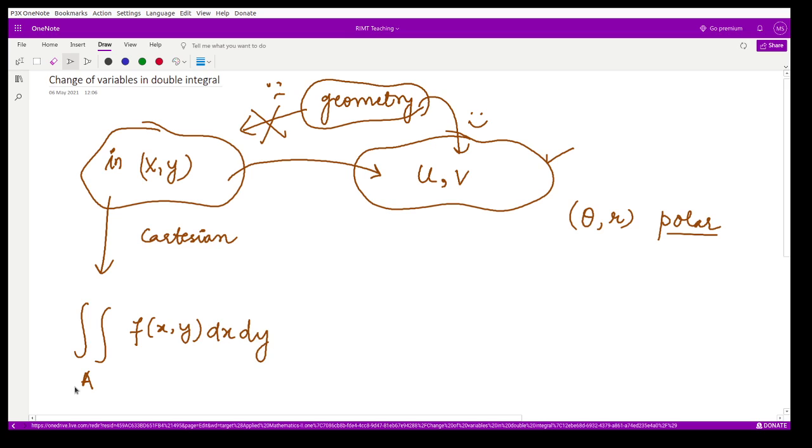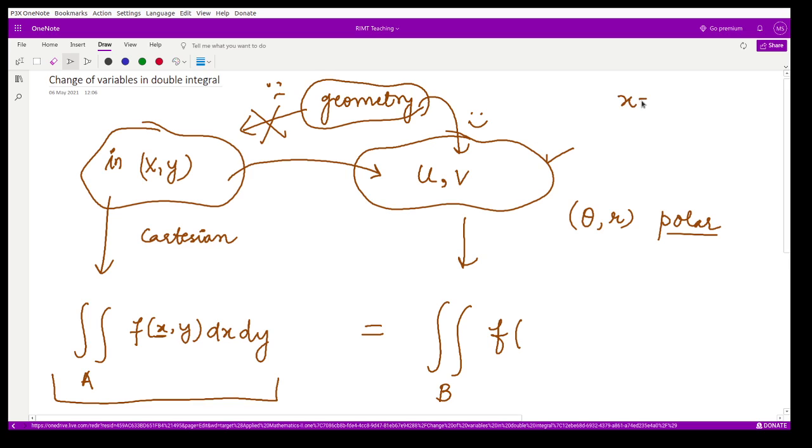So this double integral in this system would be equivalent to this double integration over this region B, where the function would now be expressed in terms of the new variables. Suppose we have the relationship that x is given to be some function of the variables u and v, and y is also given to be another function of u and v.